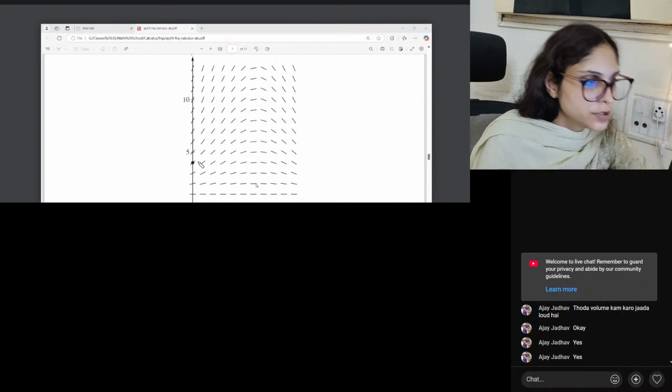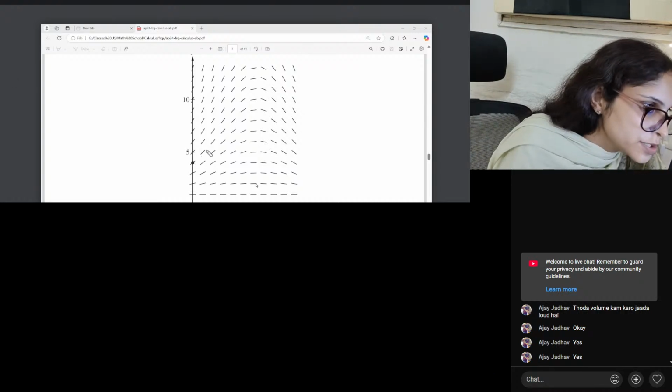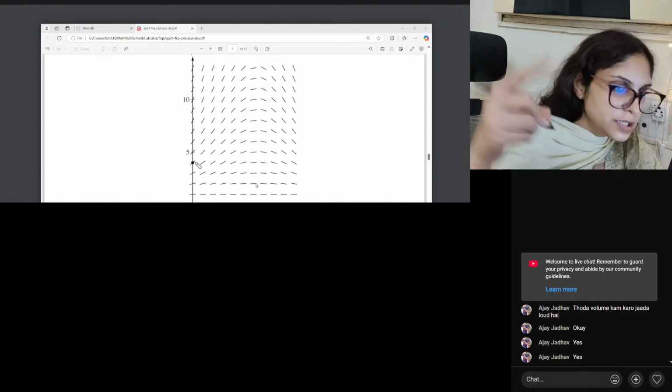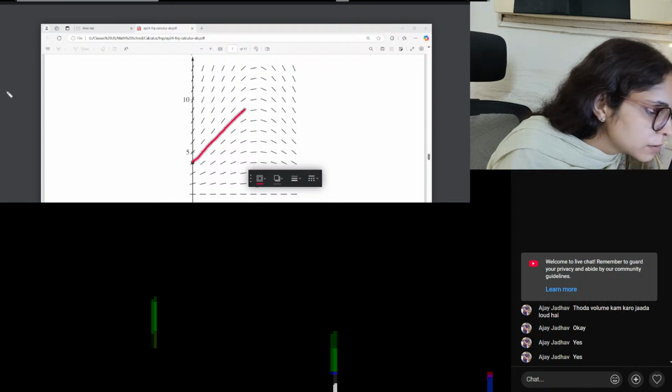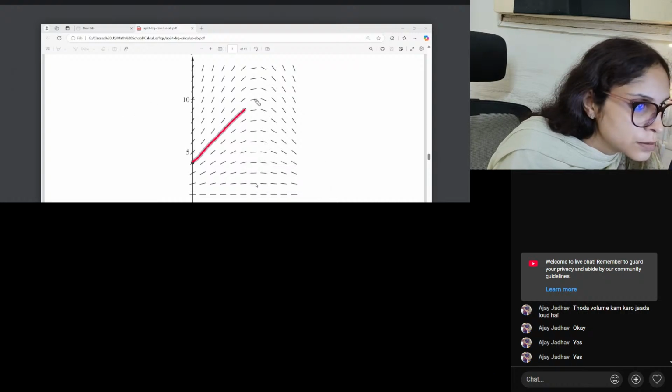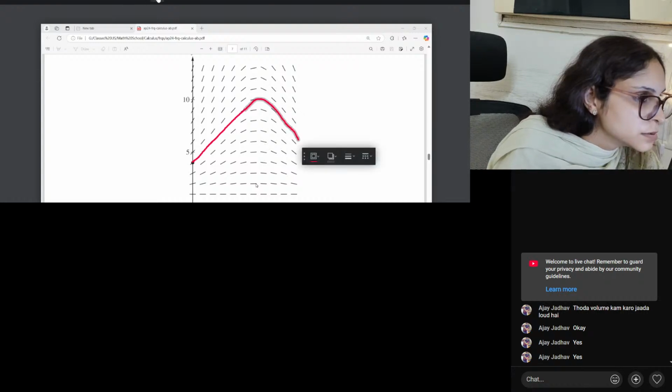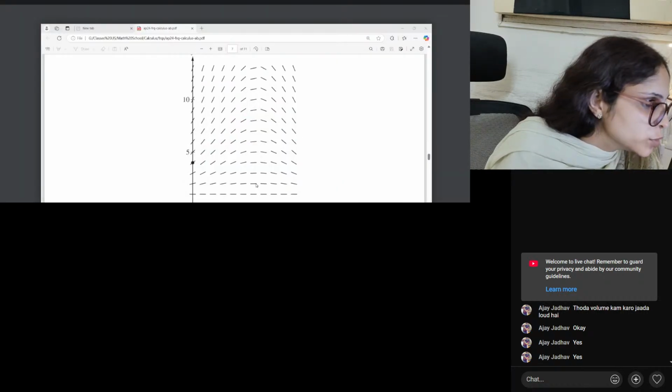And now, when you have to draw the graph, it is like this. It starts from here. So you just have to travel across the slopes. So let me try it one more time.